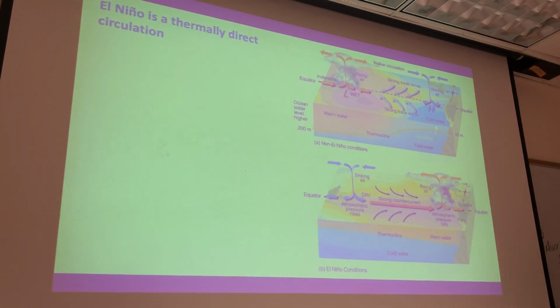In the notes from yesterday, it says thermally direct is when wind blows towards warm low pressure. But on the slide with the Hadley circulation, wouldn't that be going from warm to cold?